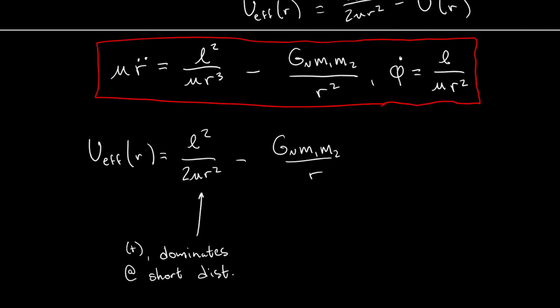Right, because when I get very, very close to 0, say, when I get close to r equals 0, r squared is going to blow up much faster than 1 over r. However, this guy here, obviously, overall, it comes with a negative sign. And this is going to dominate at long distances.